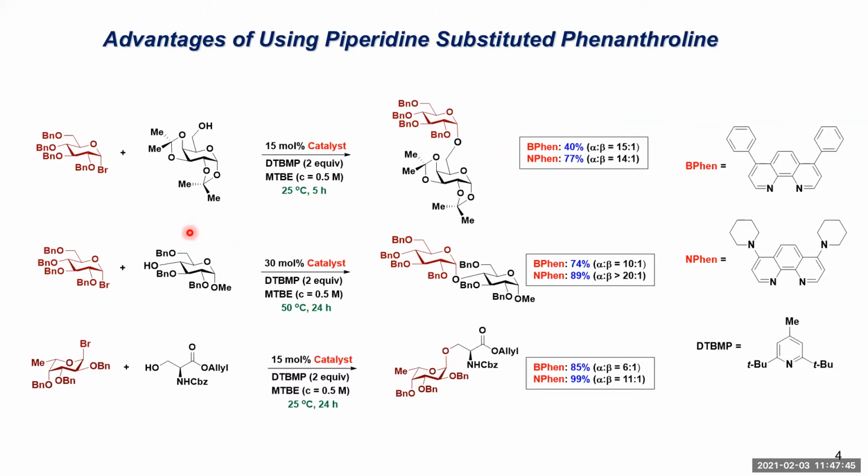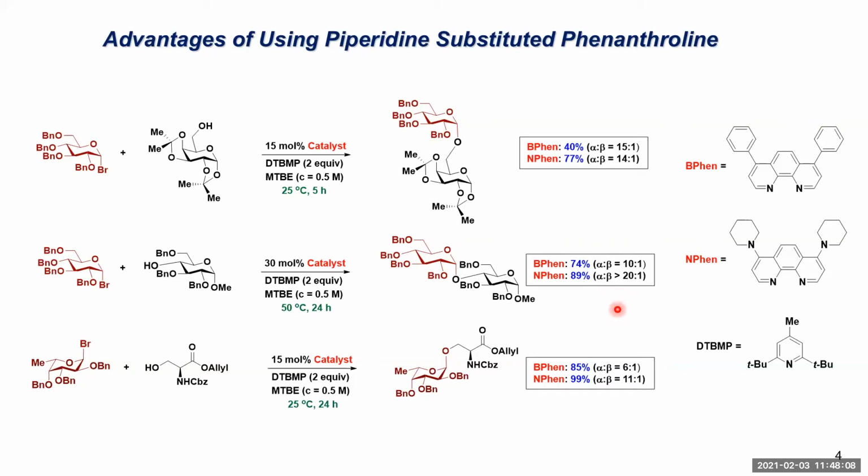In this case of a very hindered secondary alcohol, with 30 mol% of catalyst at 50 degrees Celsius, when we use B-phen, we get 74% yield and a 10 to 1 alpha to beta ratio. When we switch to N-phen, we get up to 89% yield, and the selectivity is now greater than 20 to 1.